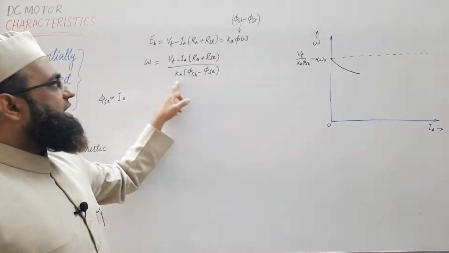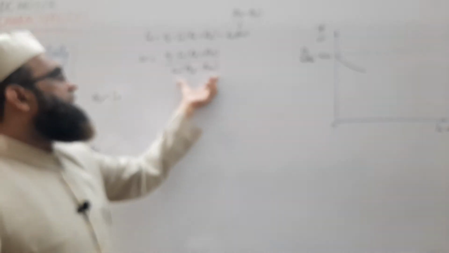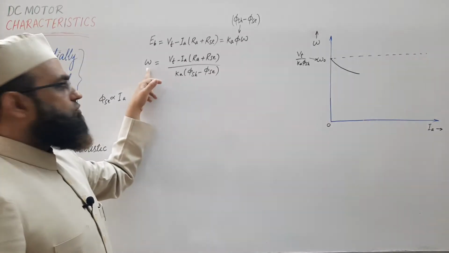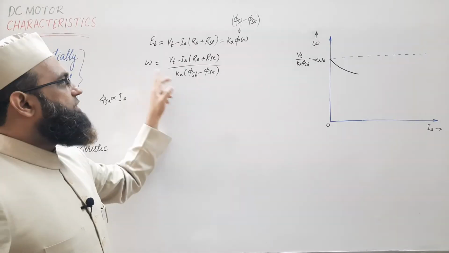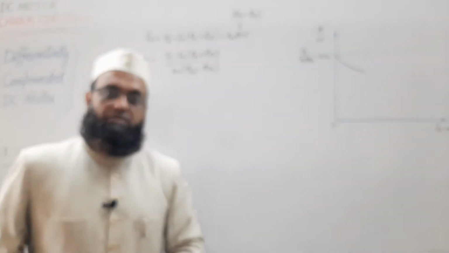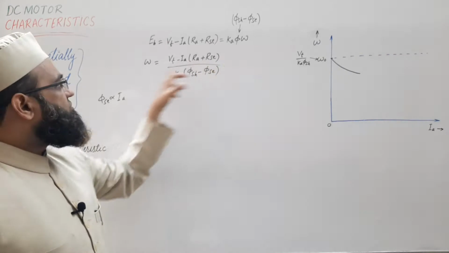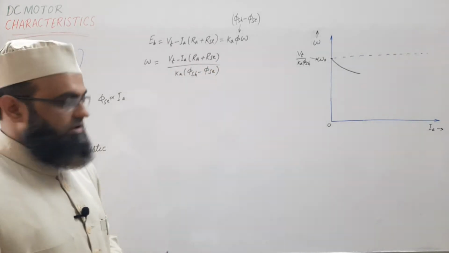So what is the impact of the denominator? Increase in speed. As the denominator decreases, this quantity increases. So once it starts showing its impact more than the numerator, the speed will start increasing like this.